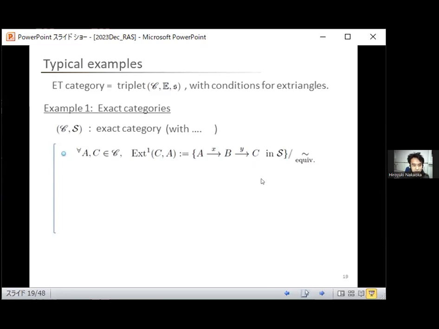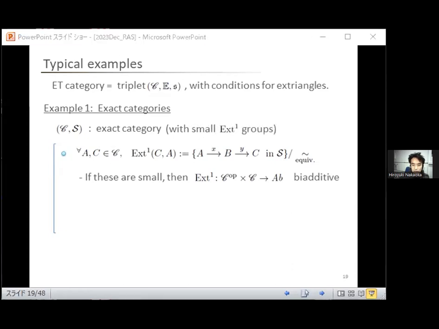And if these E groups are small, it becomes a bi-additive functor to the category of small abelian groups. So let us require that these groups are small. Then we have the functor E.